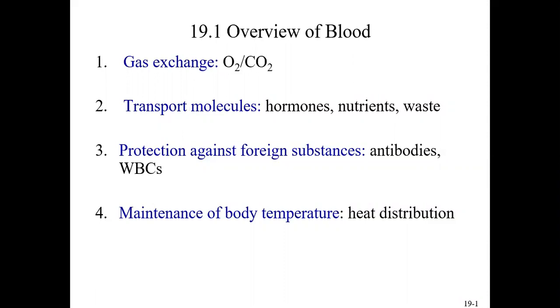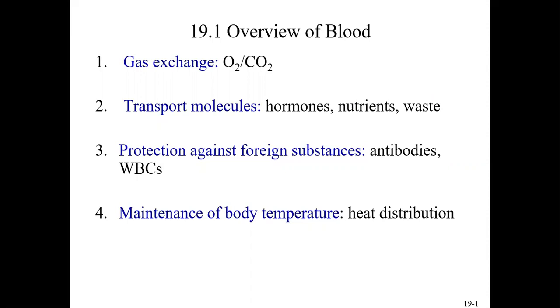It's transporting all kinds of molecules, including hormones, just like we saw back in chapter 16, and nutrients. This could be glucose or amino acids, or whatever type of nutrient the body needs. And then any waste products that are created in the body that have to be excreted. And so number two is it transports various molecules.